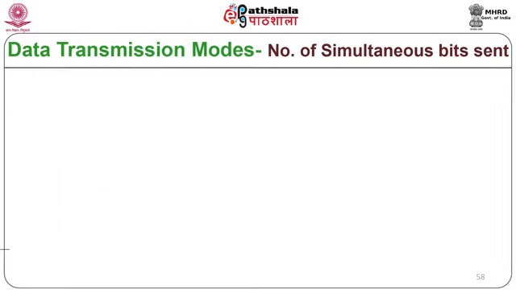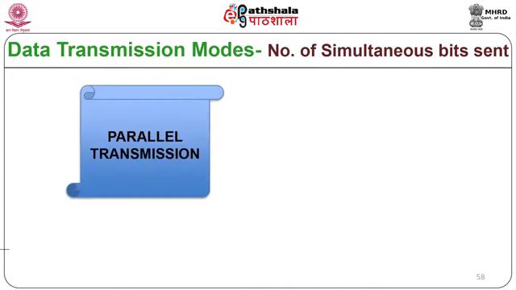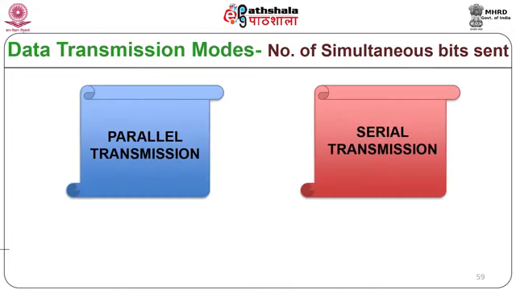The transmission mode can be characterized by the number of elementary units of information, or bits, that can be simultaneously transmitted by the communication channel. Based on this, the two types of transmission modes are parallel transmission and serial transmission.